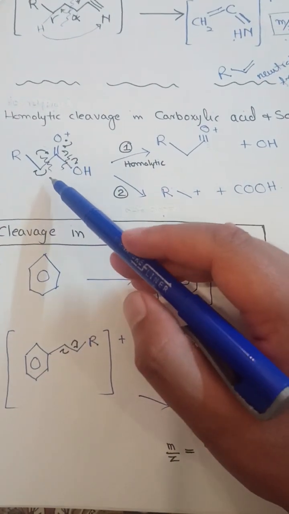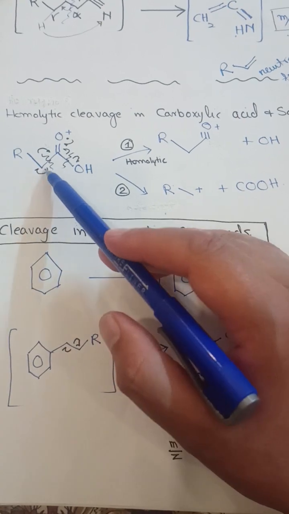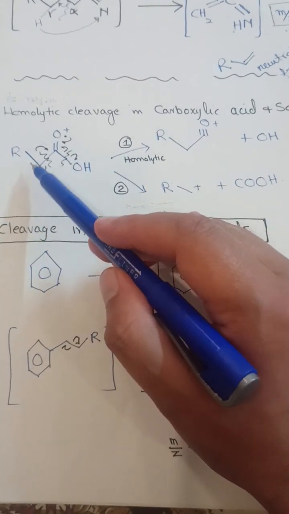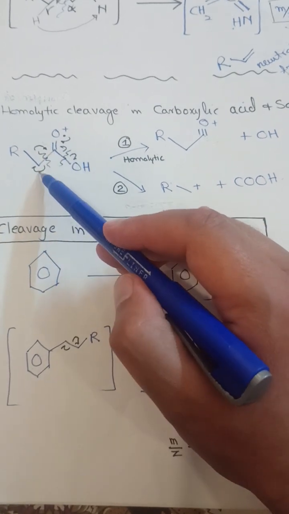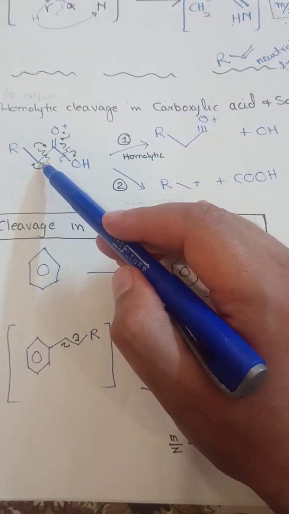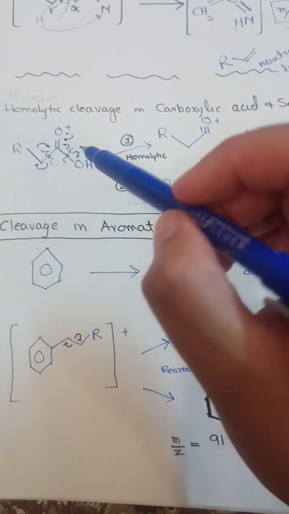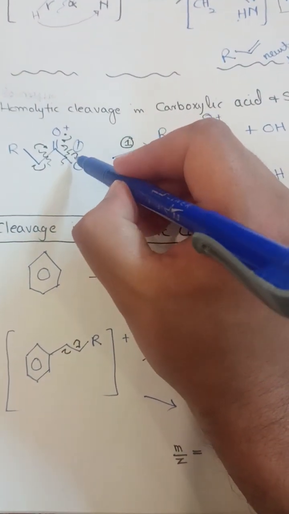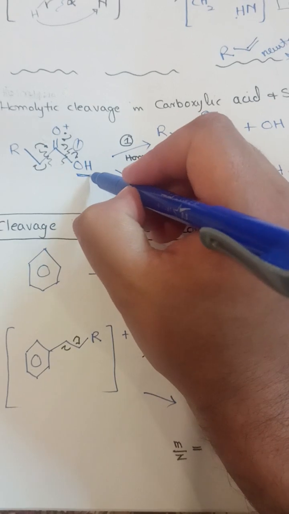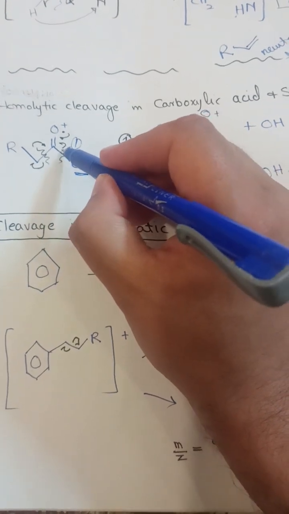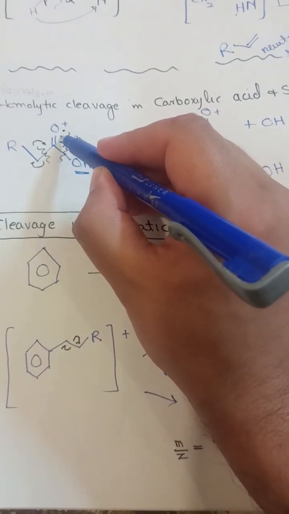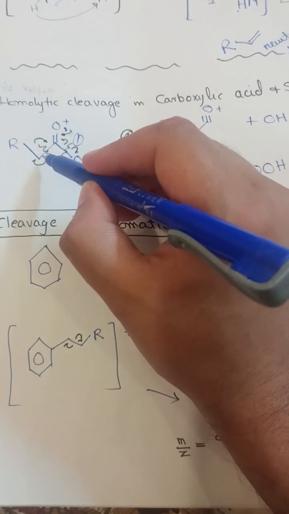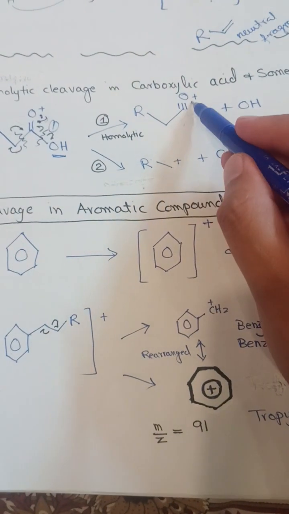So due to homolytic cleavage we can get two types of fragmentation. First, here we have this homolytic fragmentation, and in this case we get this hydroxyl free radical, and this bond will be shifted here, and the electrons from oxygen will be shifted here, and we get this oxonium ion.